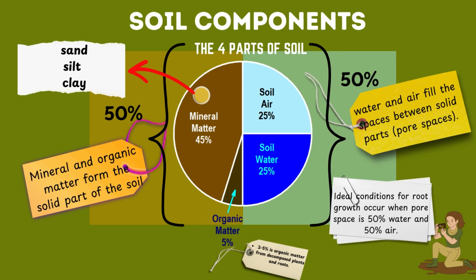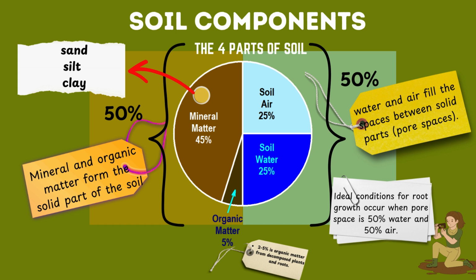Soil is made up of four main components, namely mineral matter, organic matter, water, and air. Mineral matter, which includes sand, silt, and clay, makes up about 45% of soil, while organic matter, such as decomposed plants and roots, accounts for 5%. Together, they form the solid portion of soil, making up 50% of its structure.